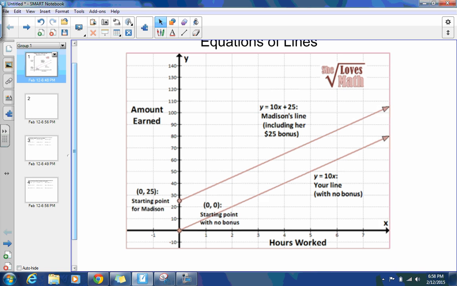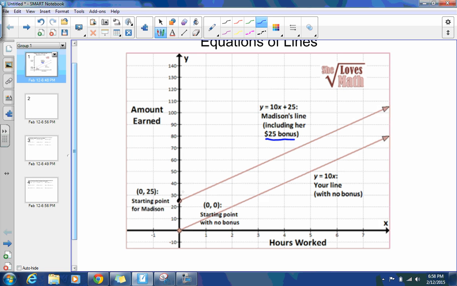So if you look at the top line here, this is Madison's, so how much Madison makes and for the hours worked. So if you look here, Madison started at 25 on the amount earned, and that means that she already had $25. According to this, she had a $25 bonus to start.